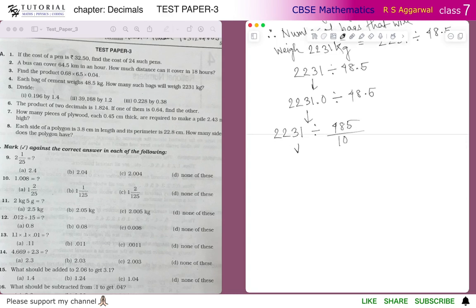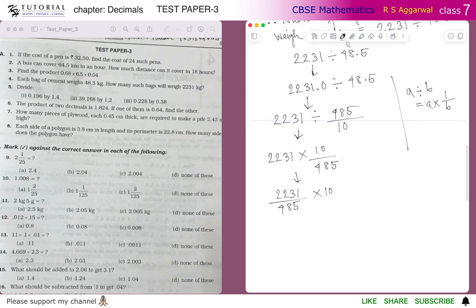Now we know that when you divide A by B, this essentially means you multiply A with the reciprocal of B. So this becomes 2231 multiplied by 10 upon 485. So this is 2231 upon 485 multiplied by 10.